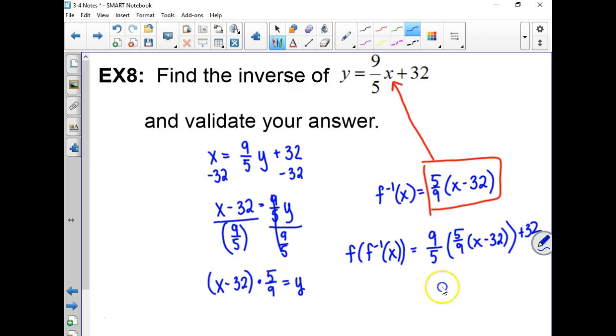So I would need to multiply this 9/5 by the 5/9 here. What is 9/5 times 5/9?